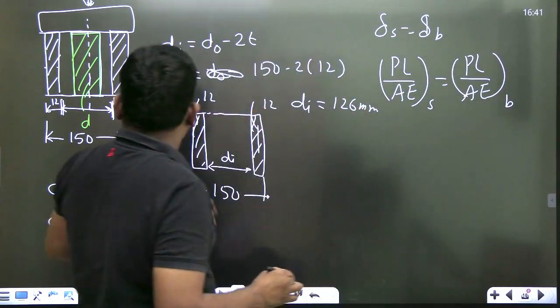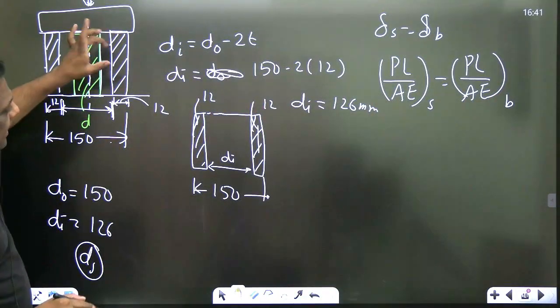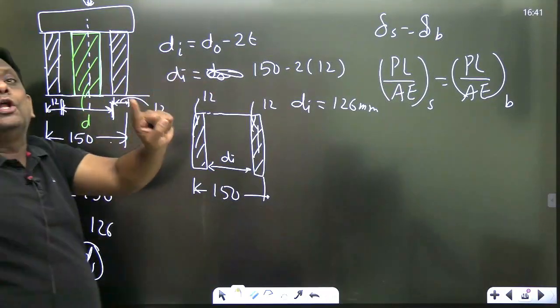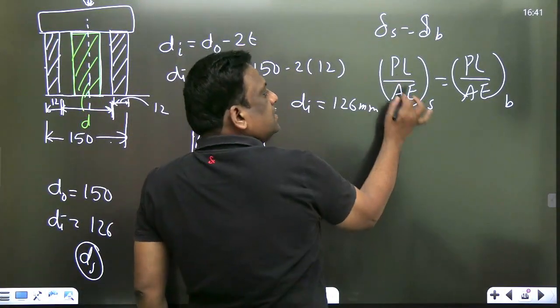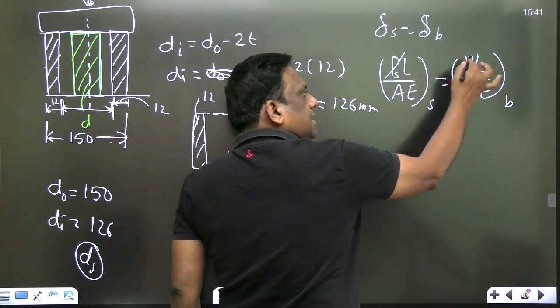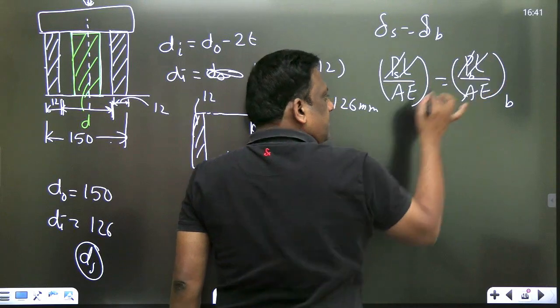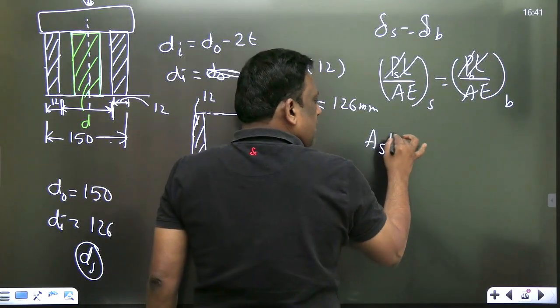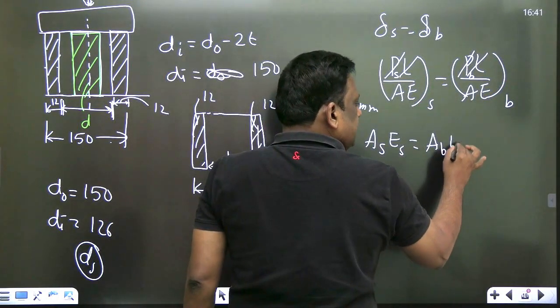What is the length of both? Same length. And clearly he said equally shared. The load is equally shared. So load in steel PS, load in brass PB, the same, so cancel. Lengths are also the same, that also goes. So area of steel times E of steel is equal to area of brass times E of brass.